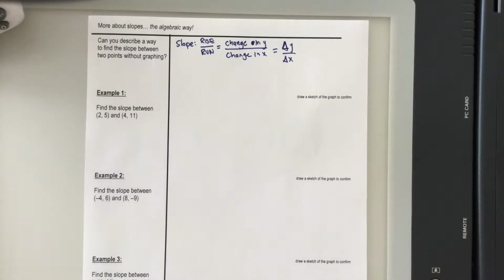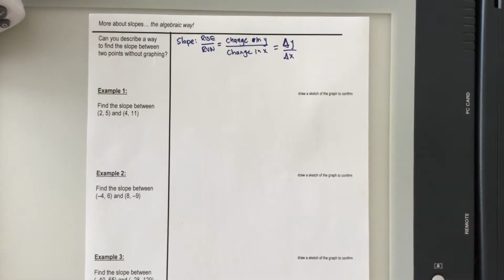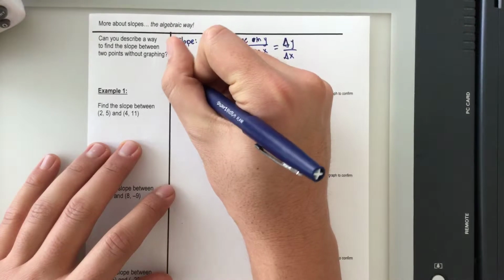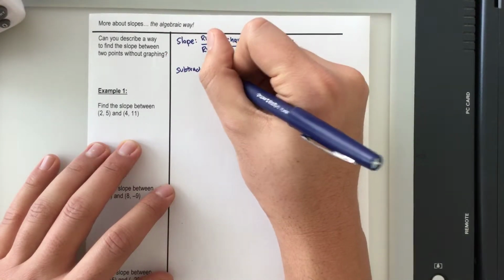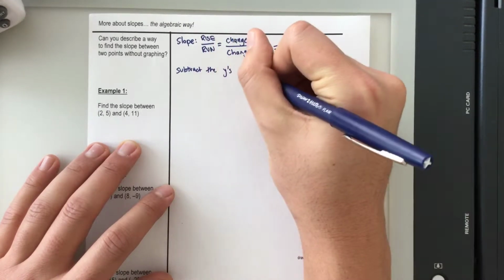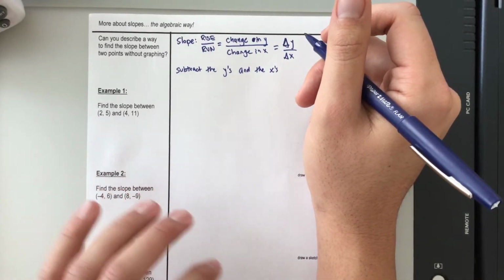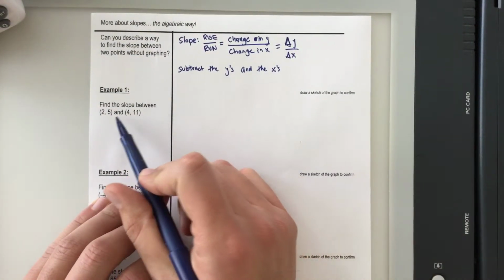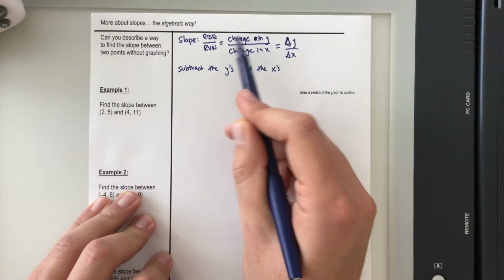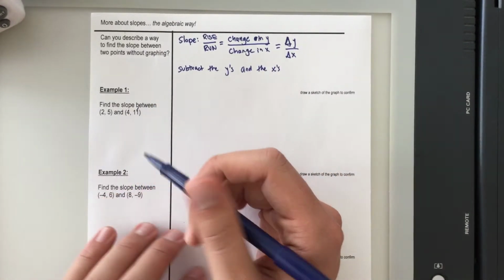In order to find the change between the y's and the change between the x values, we are going to need to subtract the y's and the x's. In other words, we take the two y values and subtract them. That's our change in y, and our change in x is our two x values, and we subtract them.